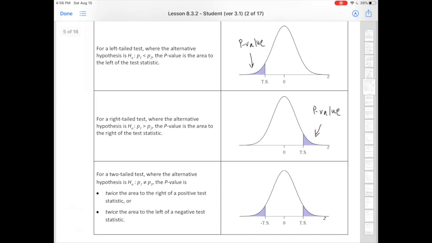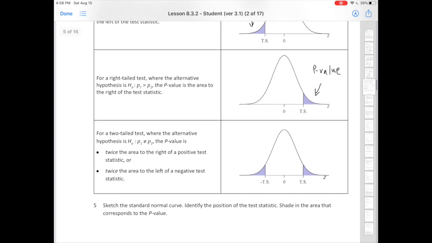For a two-tailed test, where the alternative hypothesis is P1 is not equal to P2, the p-value is twice the area to the right or twice the area to the left. But either way, remember this is called a two-tailed test.